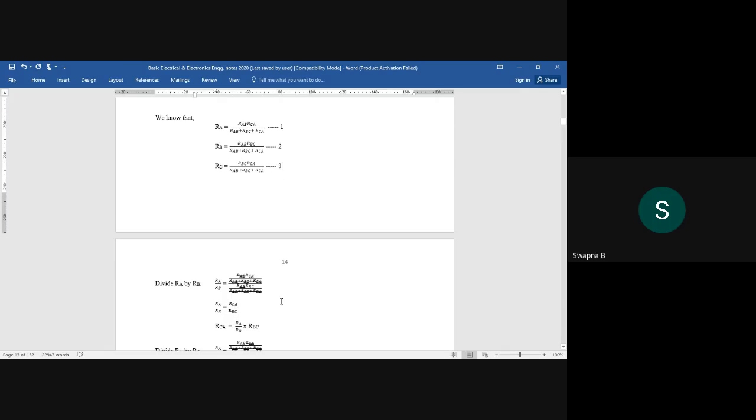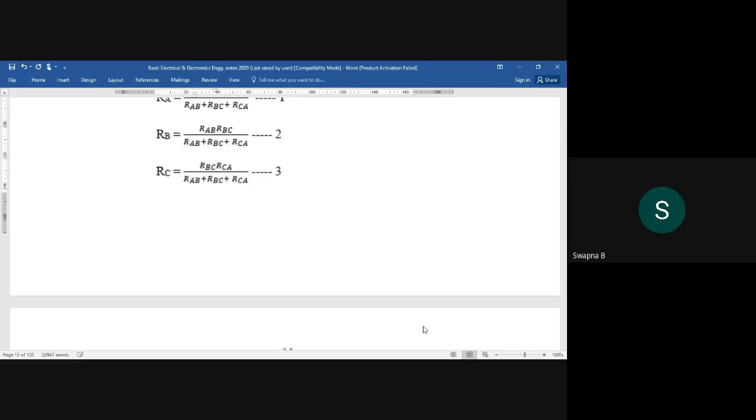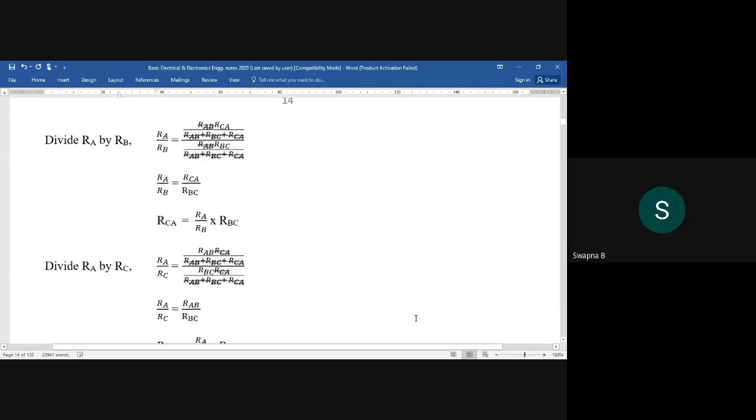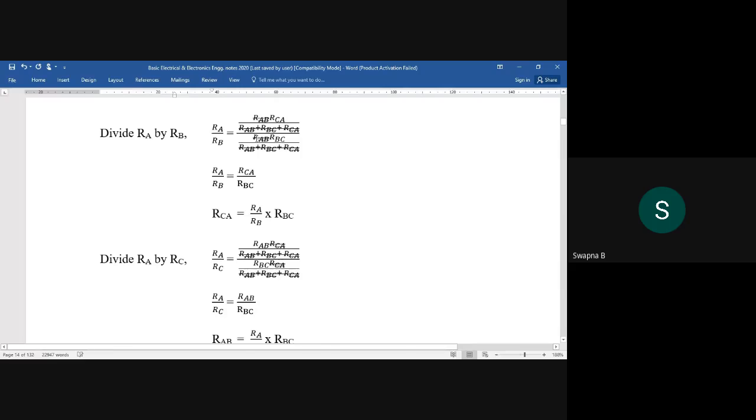First, divide equation 1 and 2, which means divide Ra by Rb. Okay, divide both left hand side and both right hand side. So Ra by Rb is equal to Rab, Rca divided by sum of all resistance, whole divided by Rab, Rbc divided by this term, which means first equation divided by second equation.